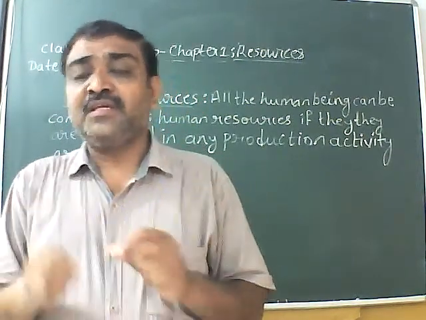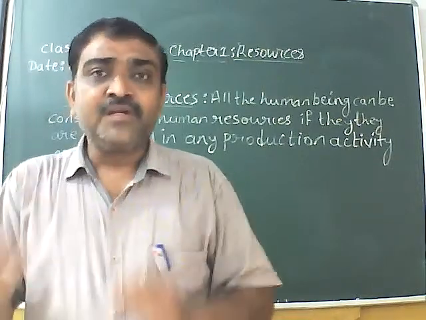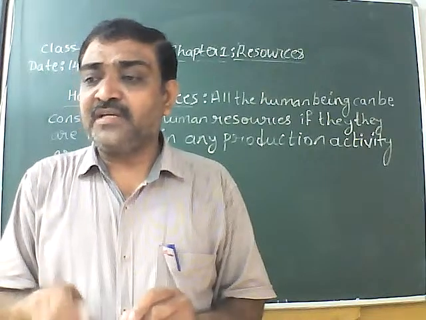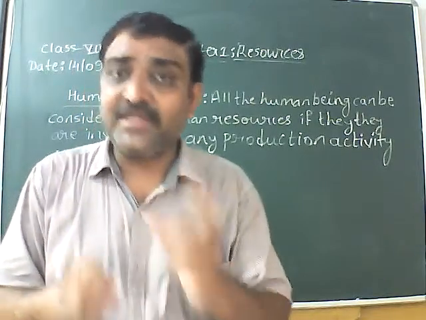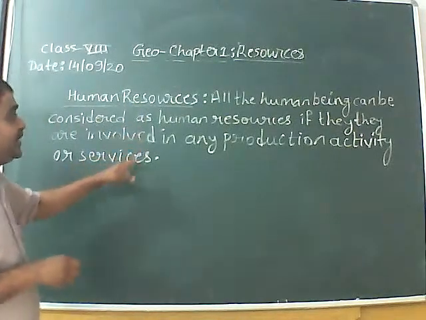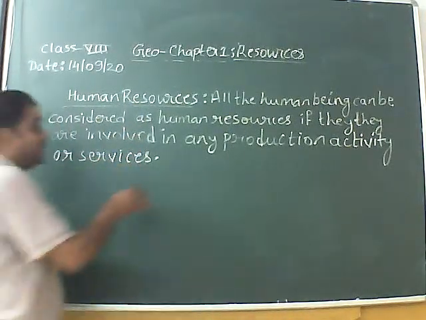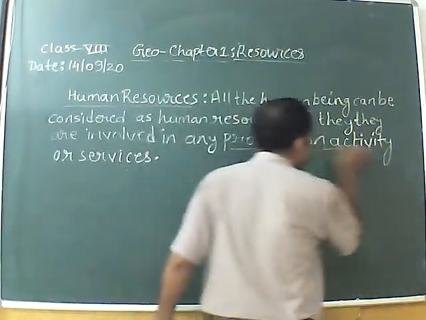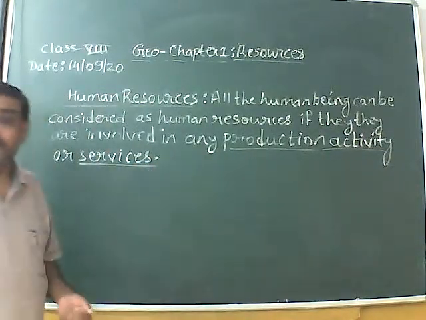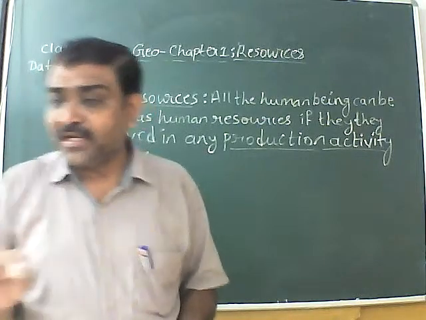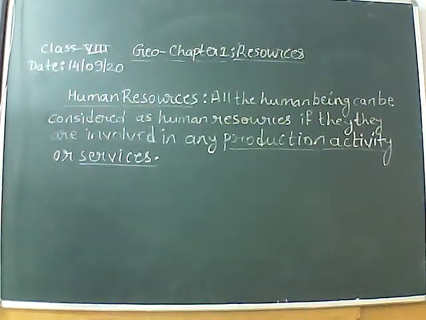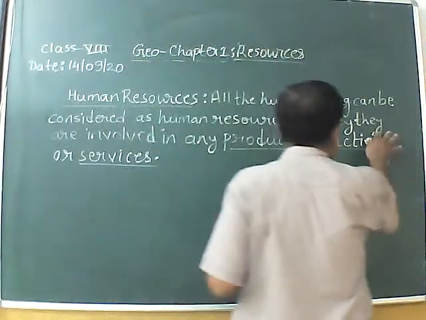It means each and every human being born on earth can be considered as a human resource. But the human being must be involved in any production activity और सर्विसेज. सारे ह्यूमन बींग्स को हम क्या कर सकते हैं? सॉरी बेटा, ओके.